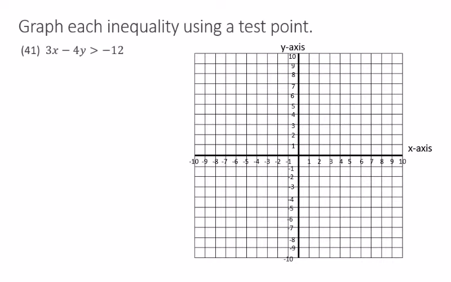So number 41, 3x minus 4y is greater than negative 12. So first of all, I'm just going to switch the inequality to an equal sign. I want to get the y by itself, so I'm going to subtract 3x from both sides.